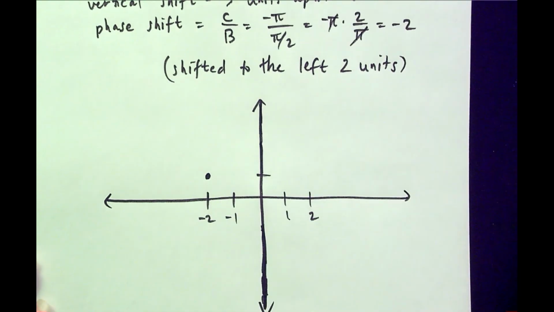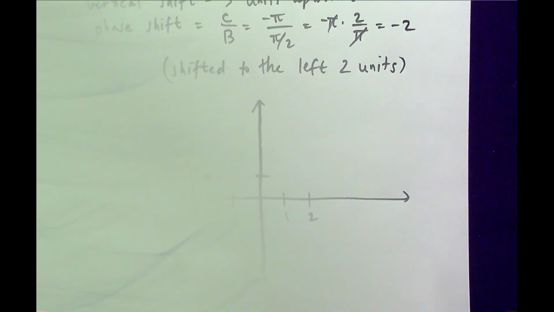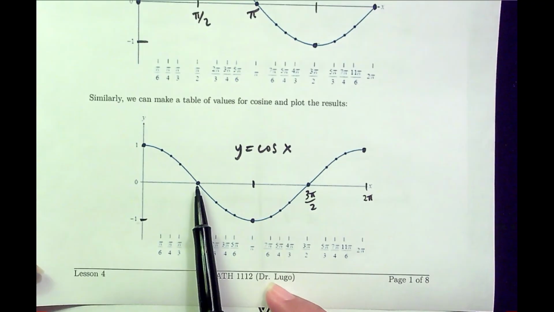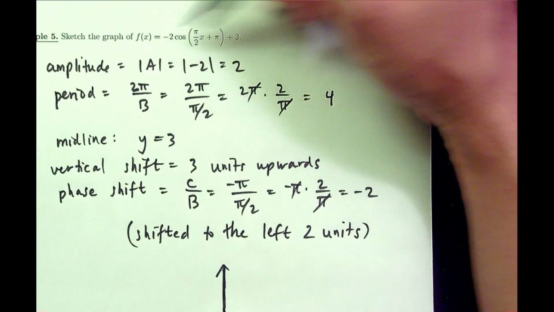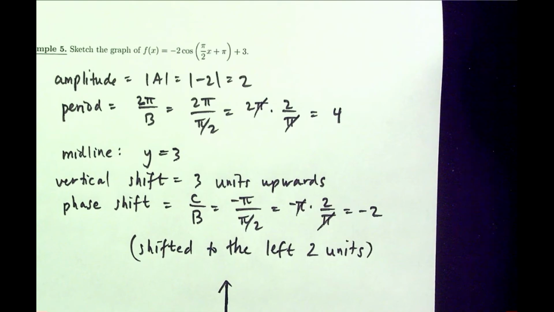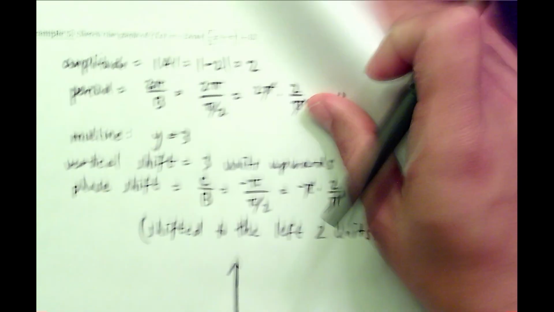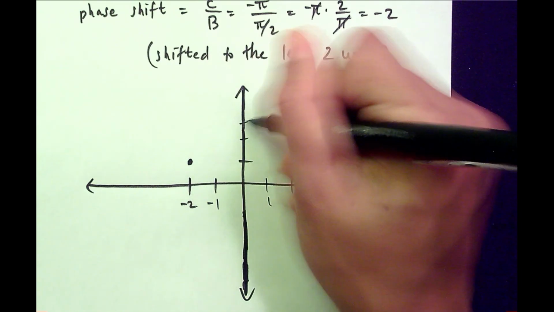Next, the y-coordinate of the point over the second tick mark in the original basic graph is 0. In our new one it is going to be 0 times -2 plus 3. 0 times -2 is 0, plus 3 is 3. So the y-coordinate above this tick mark is 3.